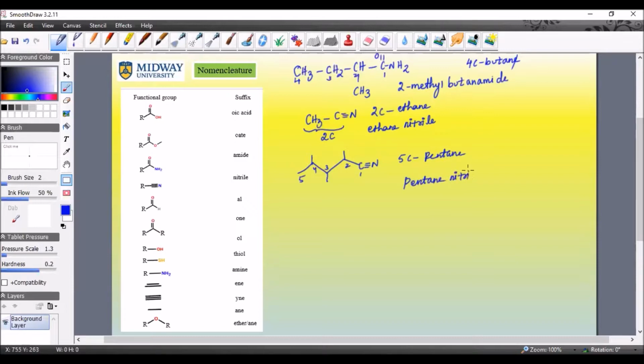Sometimes it's easier to just write the last name and figure out the first name, or it's easier to figure out the first name or the last name. There is no one set method that you have to use. You have to use multiple methods. So in this case, we have a 2, 3, and 4. So it'll be 2,3,4-trimethylpentane nitrile. And that's it. How difficult was that, right?